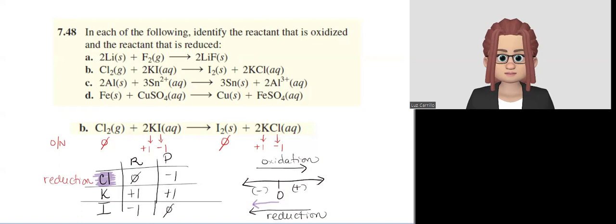In the case of iodine, we can observe that it goes from a negative number towards 0. So that means that it's undergoing oxidation.